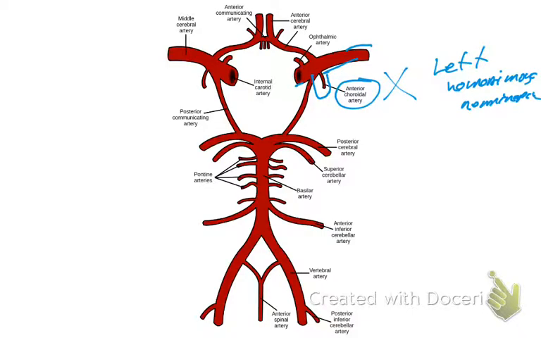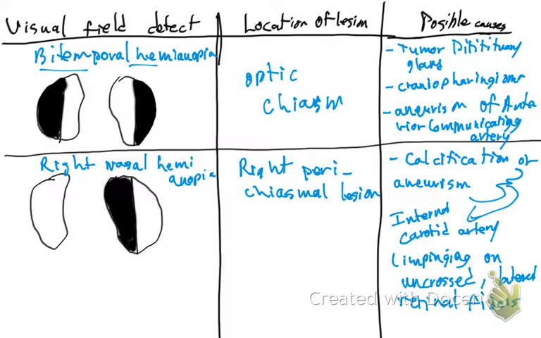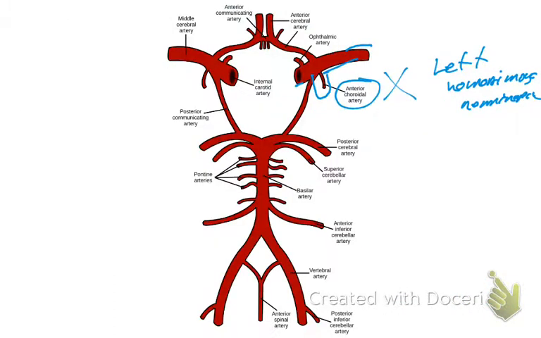And remember there was also the right nasal hemianopia, which is this one here. You remember that one has calcification or aneurysm of the internal carotid artery. So we can see the internal carotid artery here, which I already marked before, which is the one that gives you the branch, the anterior choroidal artery.